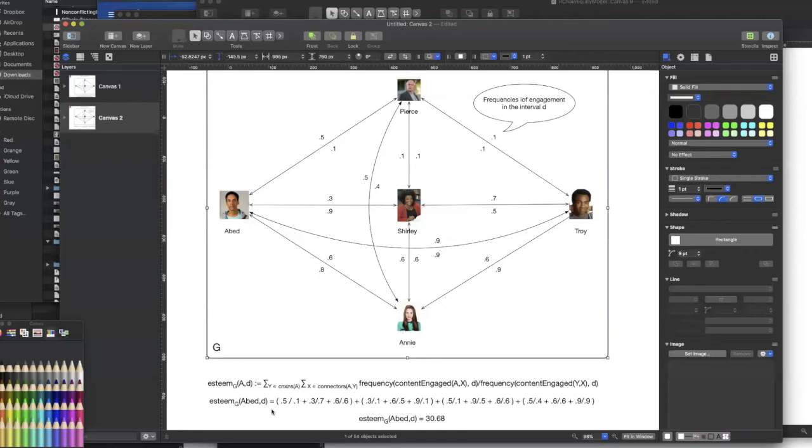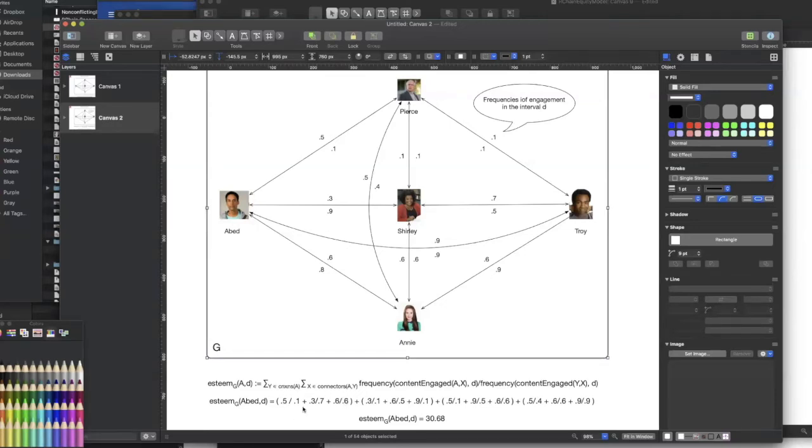So the outer thing is all the connections, that's the outer sum. What are the connections of Abed? Pierce, Troy, Shirley, and Annie. So we've got 4.